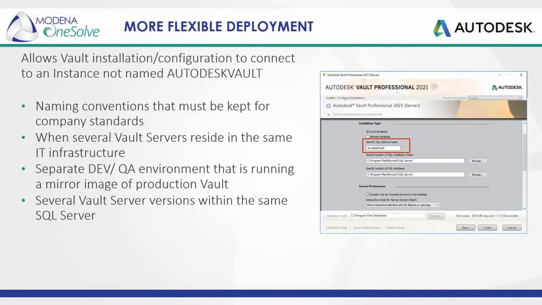Another might be where there are separate development and quality assurance environments running a mirror image of a production Vault. Another might be where we have several Vault server versions within the same SQL server, or perhaps naming conventions around SQL and its instance that must be kept for company standards or procedures. So there are a few use cases there, and that just aids in a bit more flexibility around Vault's deployment.